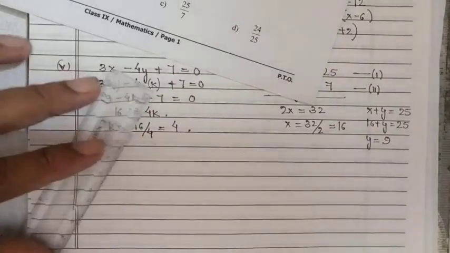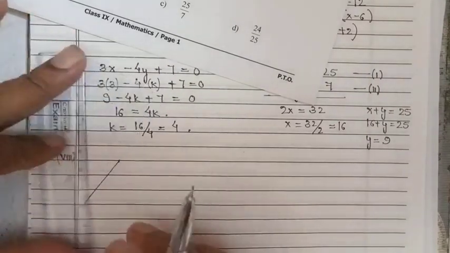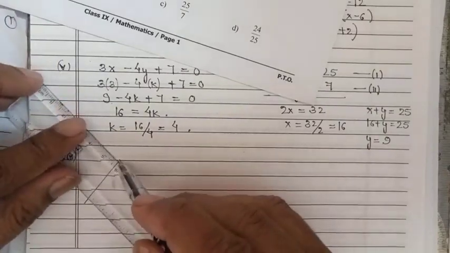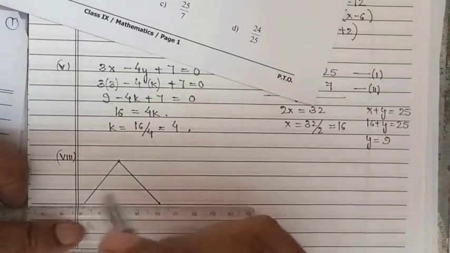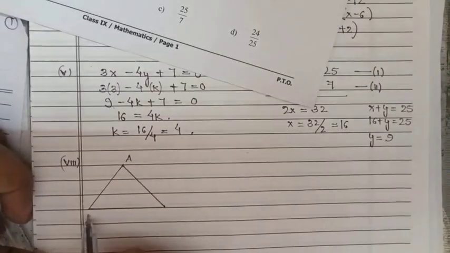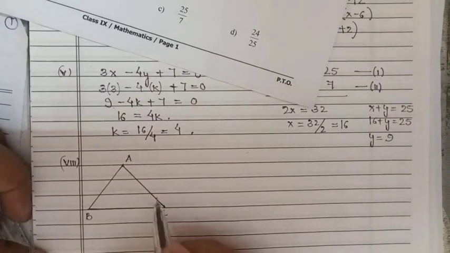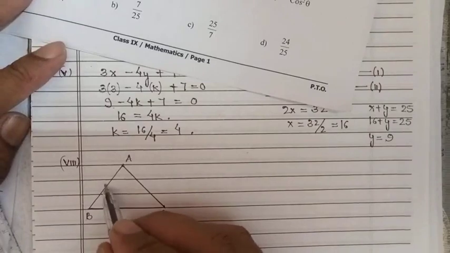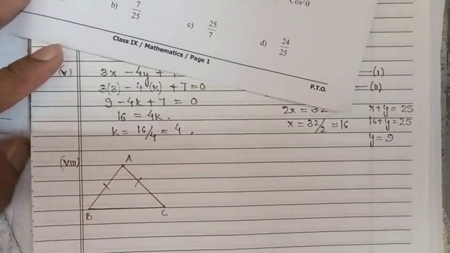So let us consider a triangle, and in this triangle they are saying side AB is equal to side AC.